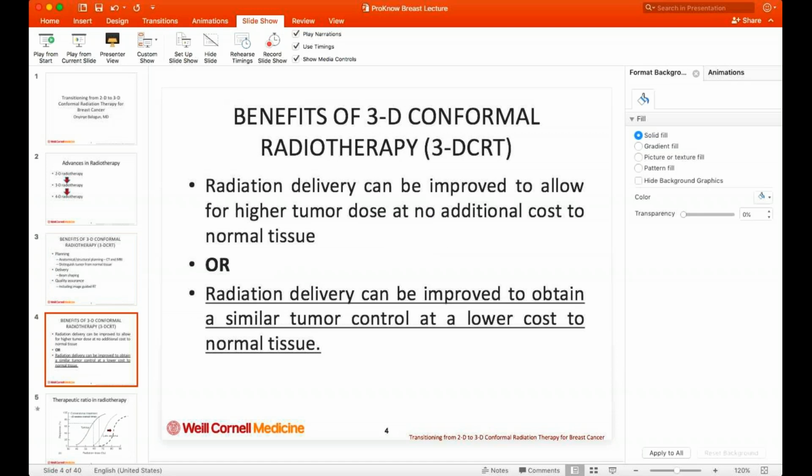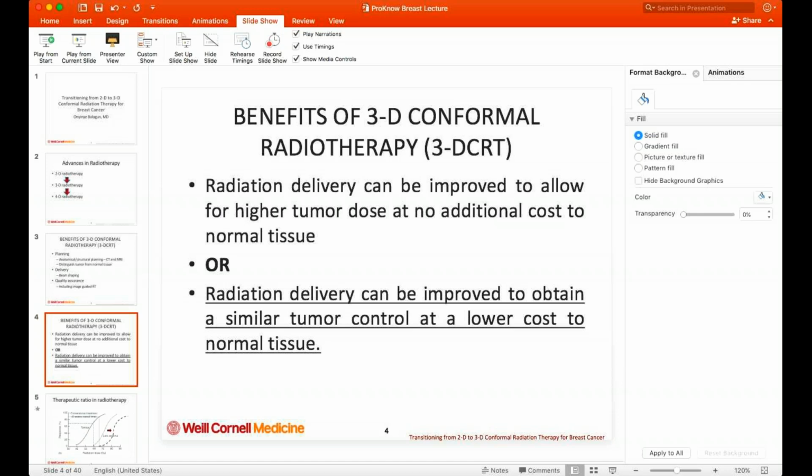The main benefit of three-dimensional radiation therapy can be described either as we can deliver a higher tumor dose while still sparing normal tissue without further harming it, or that we can obtain similar tumor control at a lower cost to the normal tissue. So the whole idea is that we're better able to spare normal tissues and target the tumor.